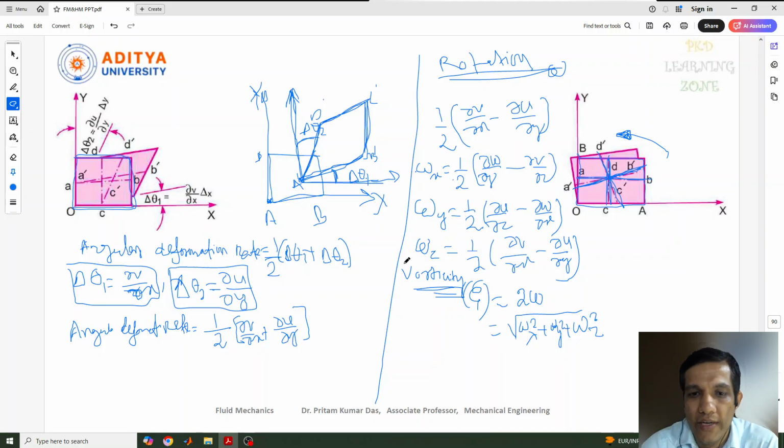This is the vorticity, which is defined as twice the rotation. So chi equal to 2 omega. This is the rotation part, and this is vorticity.